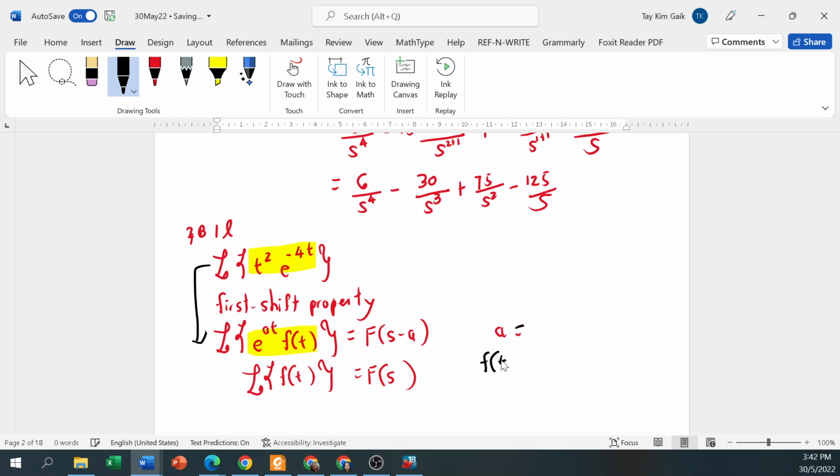If you cannot compare, then don't do this one as Laplace transform for t squared multiplied by Laplace transform for exponent negative 4t. This is wrong. You just compare the exponential term with exponent negative 4t and tell me what is the a value.